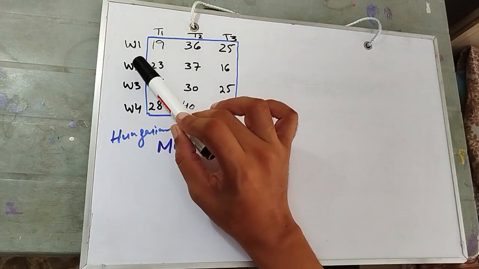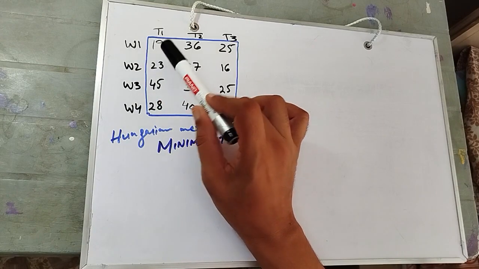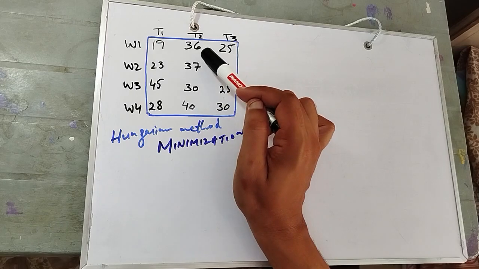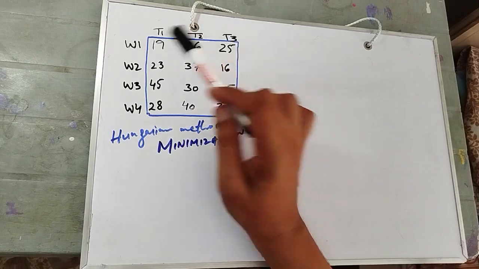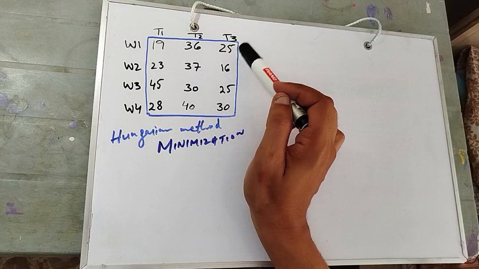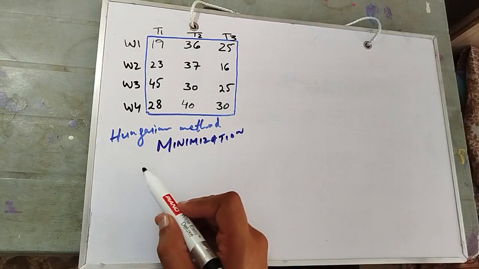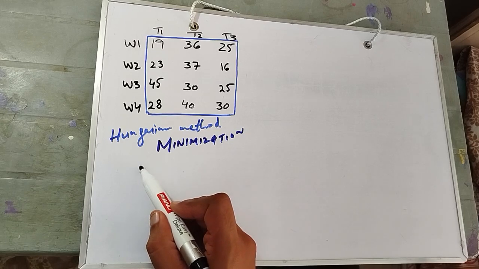Worker 1 is taking 19 minutes to complete task 1, 36 minutes to complete task 2, and 25 minutes to complete task 3. Likewise the others. So let's make it balanced first.